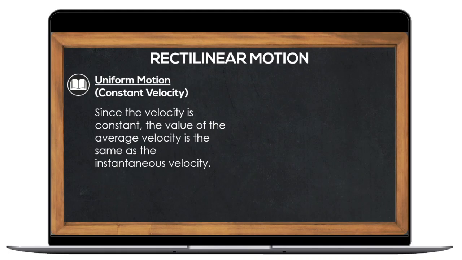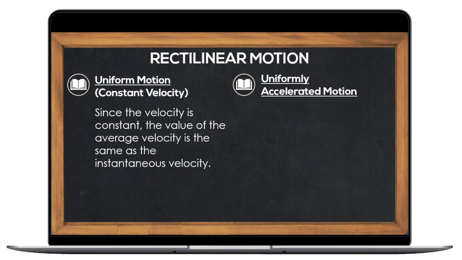So, magpaparehas lang sila. Kasi nga, the motion is uniform. Or it has a constant velocity. So whenever you see the word uniform motion, it denotes that that is a motion in constant velocity, or the velocity is constant in that particular motion.